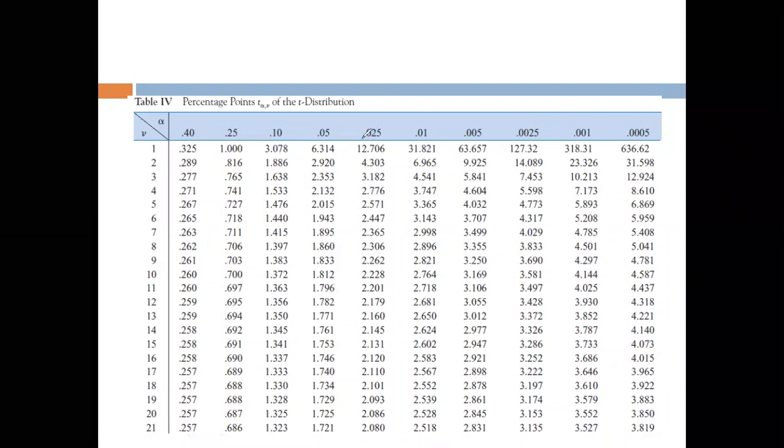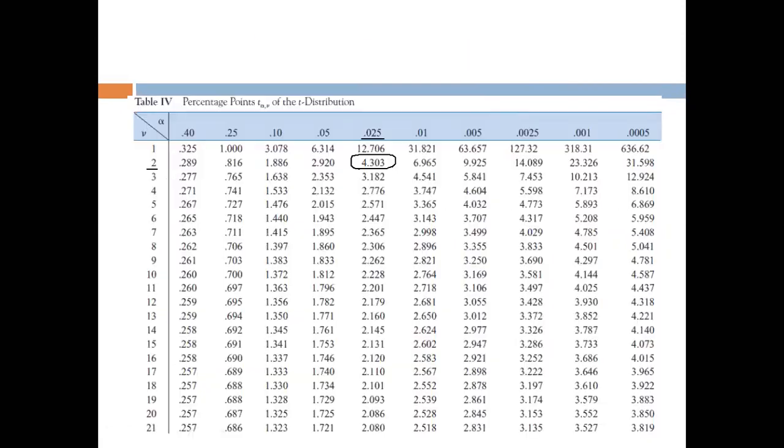So we have alpha as 0.025, and the degrees of freedom was 4 minus 2, which is 2. So the point of intersection is 4.303. So that is the critical value.